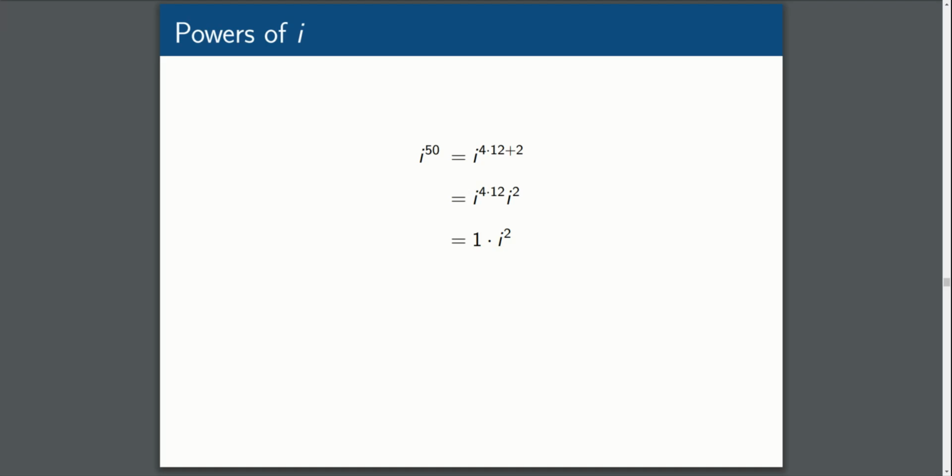So the power of i that I'm working with here becomes 1 times i squared, and that answer is just minus 1. So using this idea of dividing by 4, we can find any integer power of i very easily.